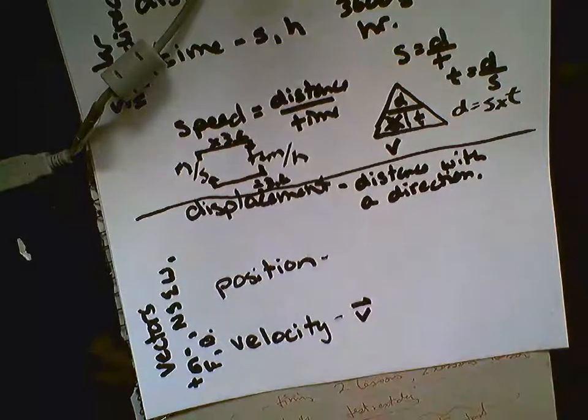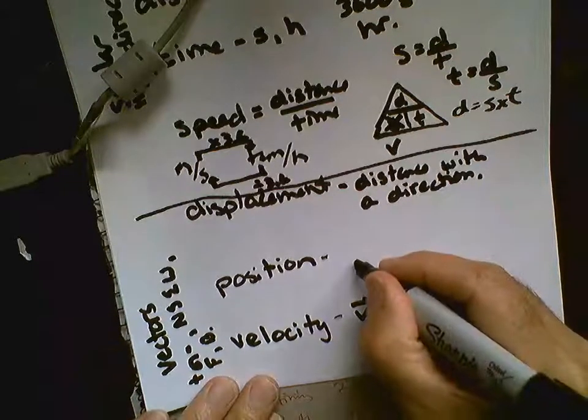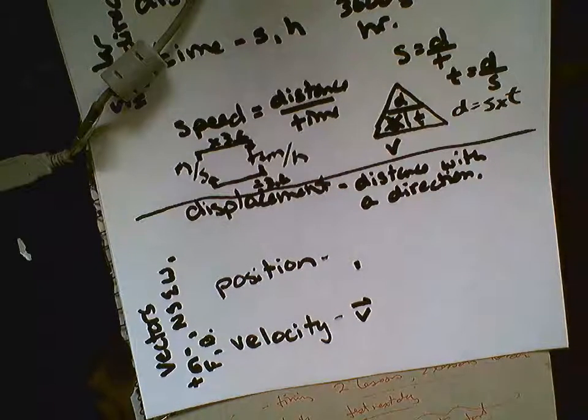Position and displacement are used interchangeably quite a bit. They probably shouldn't be. We will probably be using the term displacement more in this course. What is a position? A position is where you are relative to a start point. We usually use the term position when we're talking about something like a number line, so we're one-dimensional.